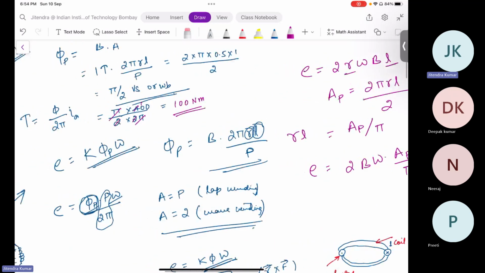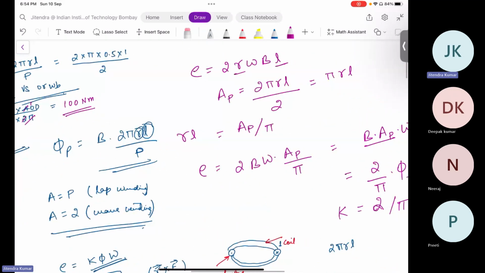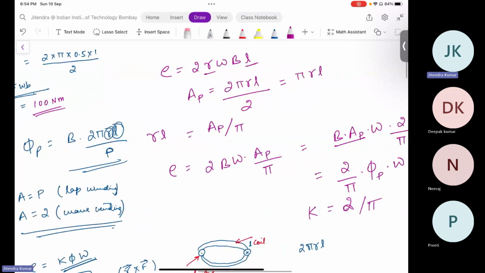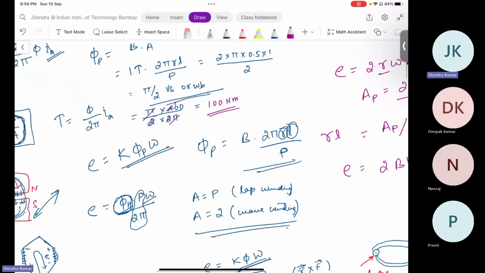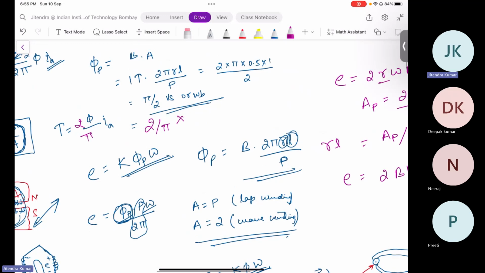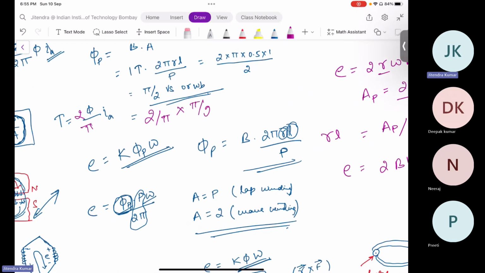For this particular case, K will be equal to 2 by pi. So let me see what I have used here. Here it's going to be 2 by pi into phi IA, and further if you simplify it, phi t was pi by 2 into IA is 100.